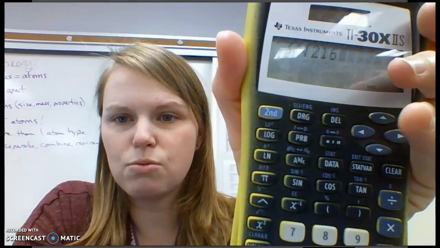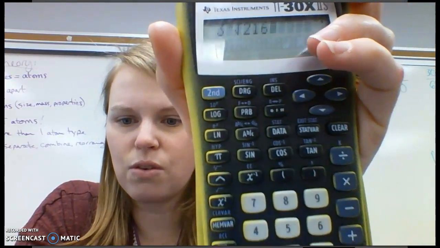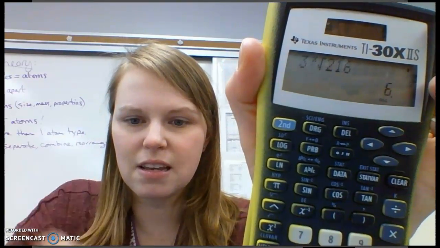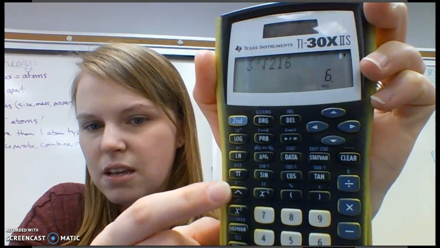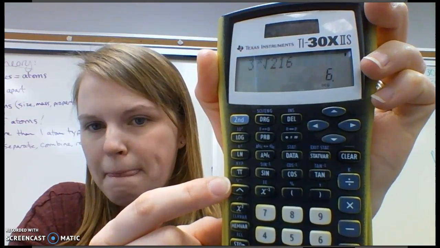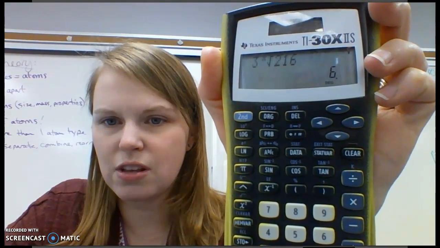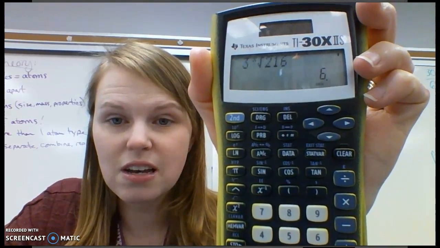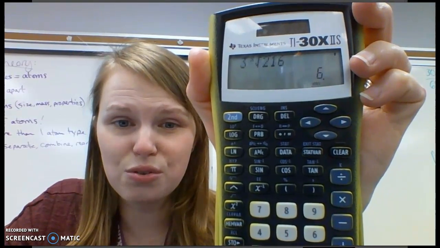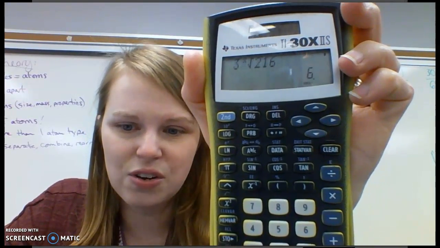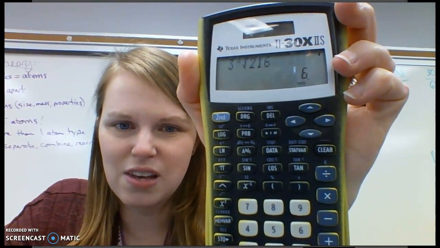So then we type in 216. So the cubed root of 216, and when you hit enter, it ends up saying 6. So again, 3, second, this button, second, and then this button, and then 216, hit enter, and you should get 6. If you've got questions, please email, and we can go through it during a Google Meet if we need to, so I can help talk you through how to do that.